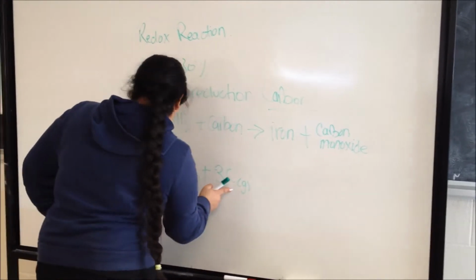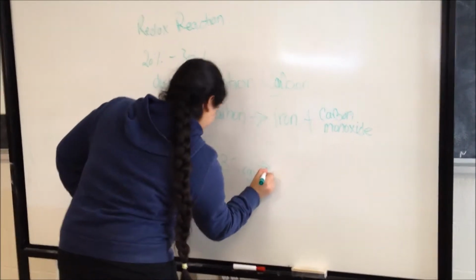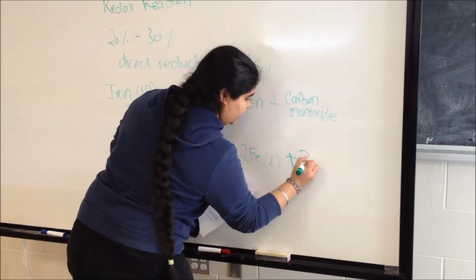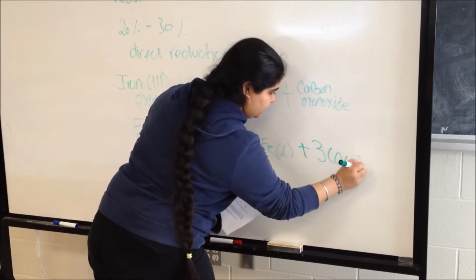Carbon is a gas, that's why it has a gas state symbol. Plus 2 Fe and plus 3 carbon monoxide gas.